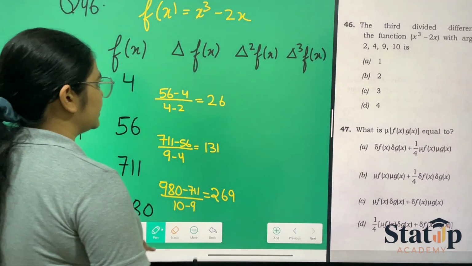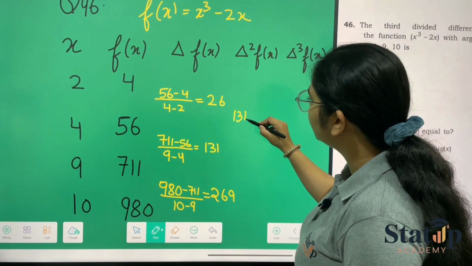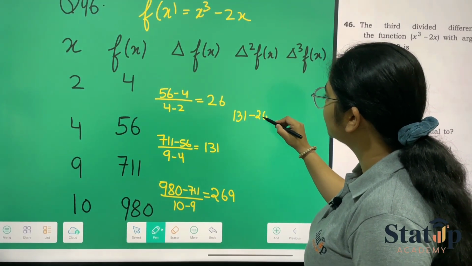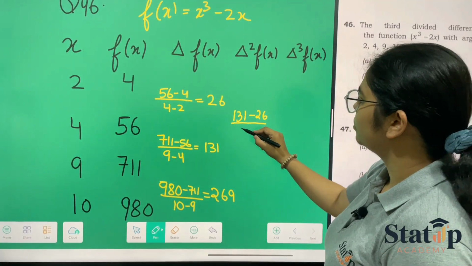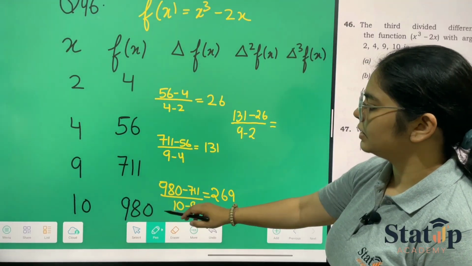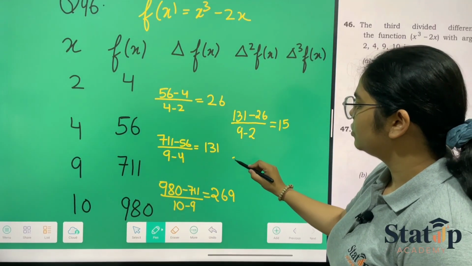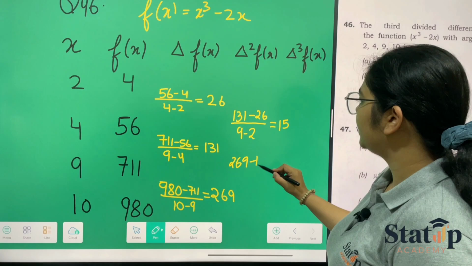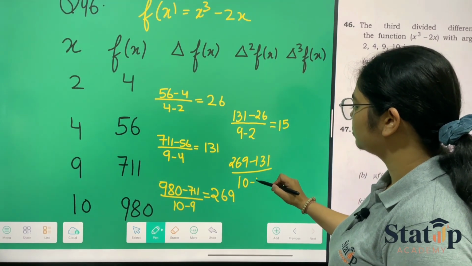Now calculating the second difference, we will be calculating it like this: 131 minus 26 upon 9 minus 2, and this will be your 15, and 269 minus 131 upon 10 minus 4.